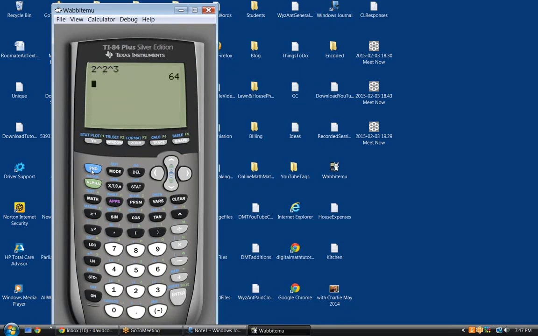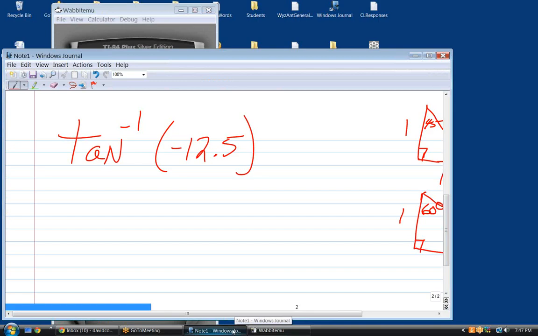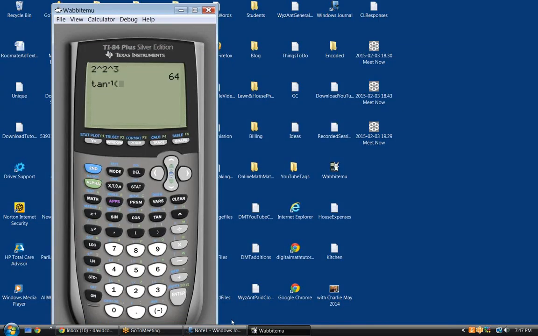And you want the inverse tangent, so it's second tangent of minus 12.5. I don't actually need the last parenthesis because it can be nothing but that. So that's minus 85 degrees.